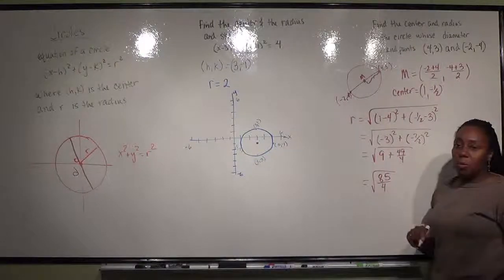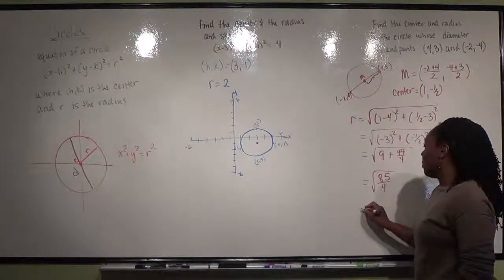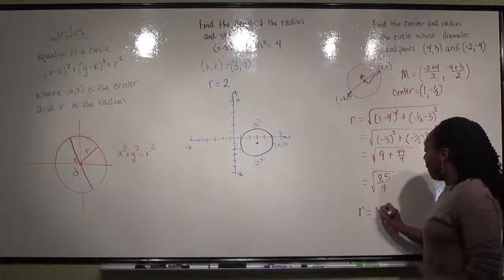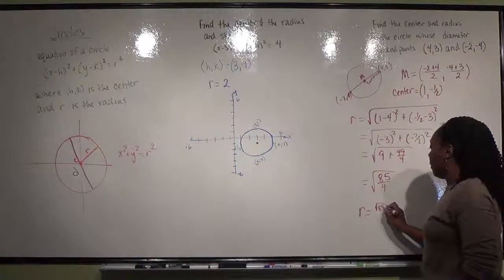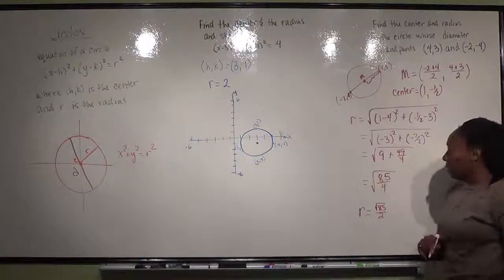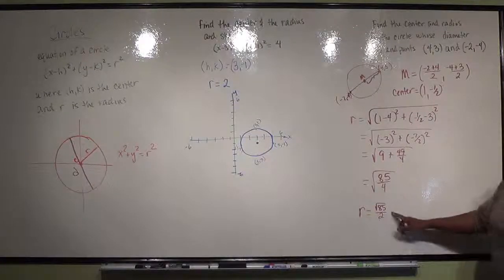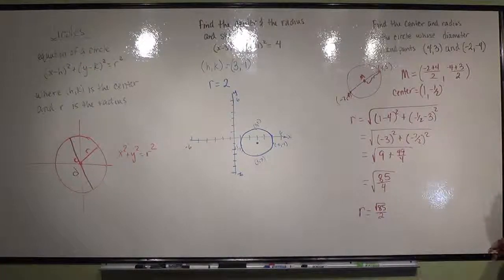And this isn't going to simplify down perfectly, so we're just going to say that r is going to be root 85 over 2. And there's not much more you can do to simplify that. You can plug that in and get a decimal, but as far as exact answers go, there's our radius and there's our center, and so we're done.